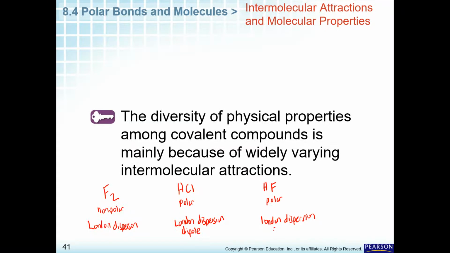This is polar, so it's automatically going to have dipole bonds. And then hydrogen's bonded to an extremely electronegative atom, fluorine, so we're going to see that this forms a hydrogen bond as well. So we have to see what bonds are happening inside these compounds.